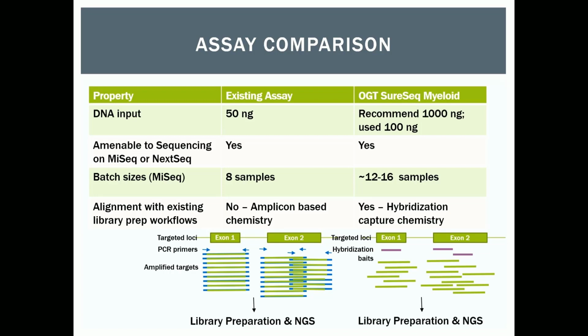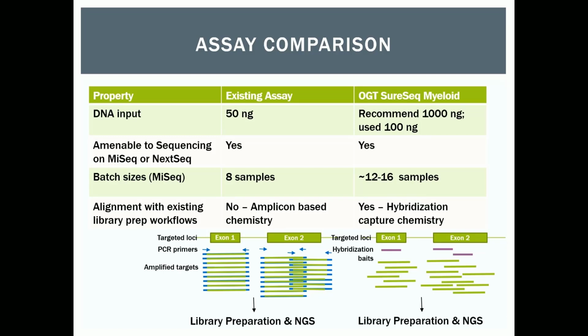The most significant difference between the SureSeq and existing panel is the chemistry used to enrich targets during the library preparation stage. Many of the NGS kits used in our lab and sequenced on the MiSeq are based on capture hybridization chemistries, and thus we're well familiar with this type of workflow. The existing panel that we're using for myeloid is based on a PCR-based approach to enrich targets.